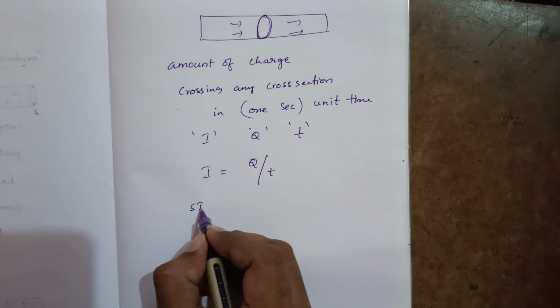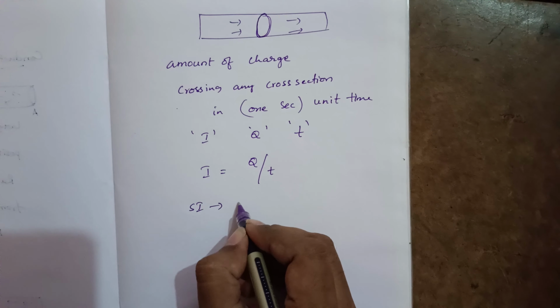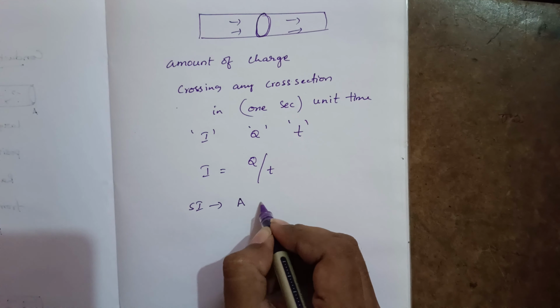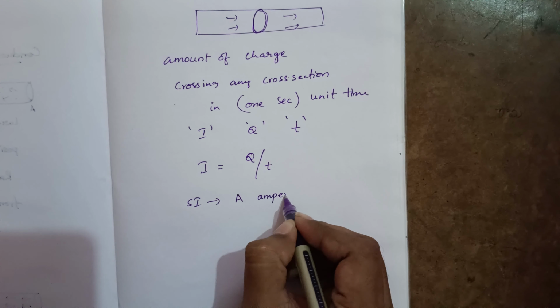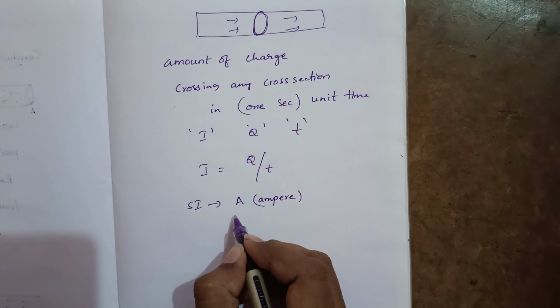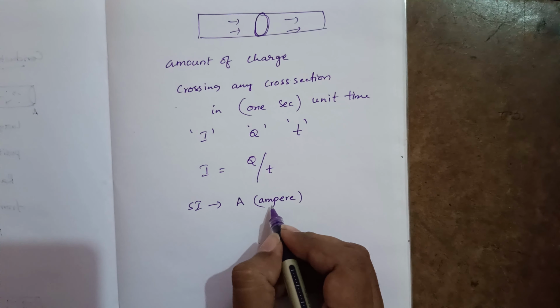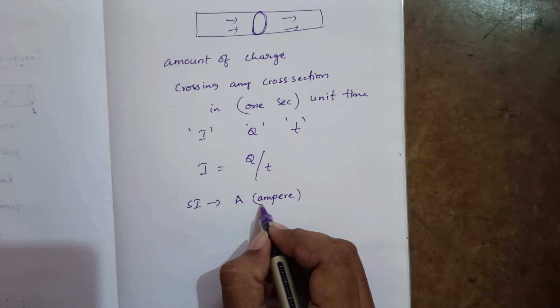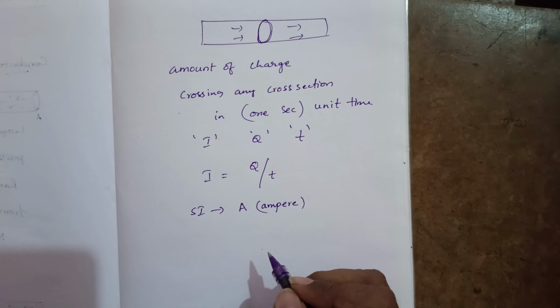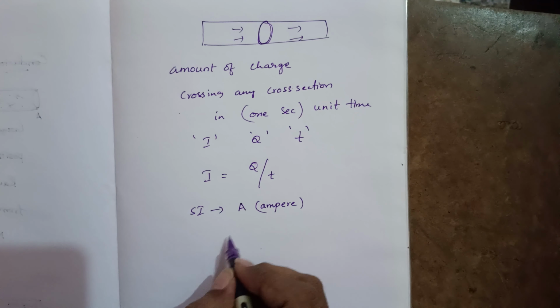Now the SI unit of electric current is ampere. As ampere is a scientist's name, while writing the symbol we write A, and while writing it completely we write ampere with a small a.